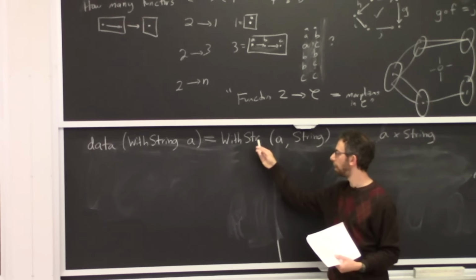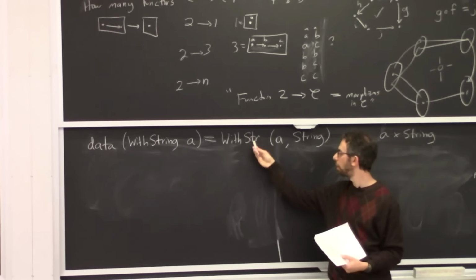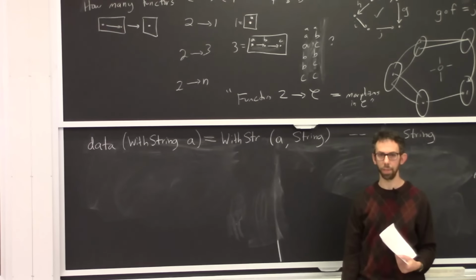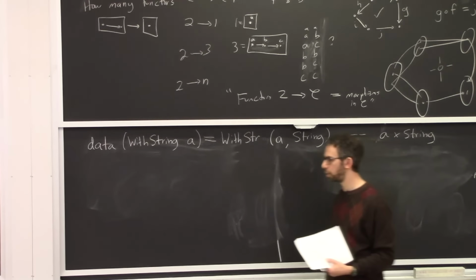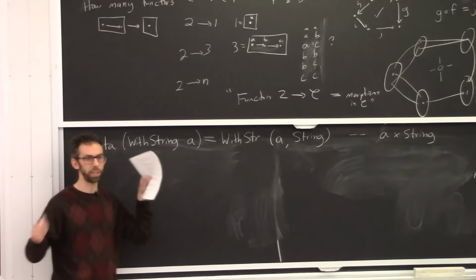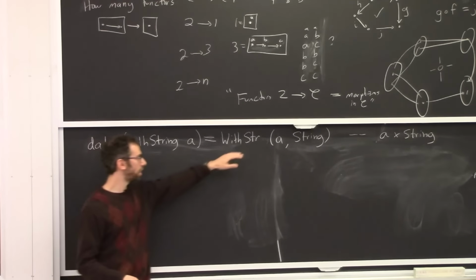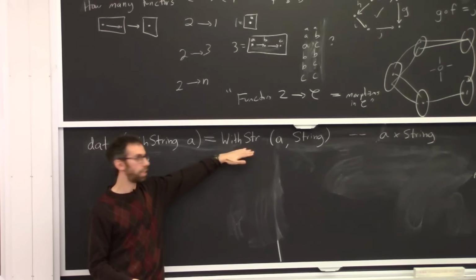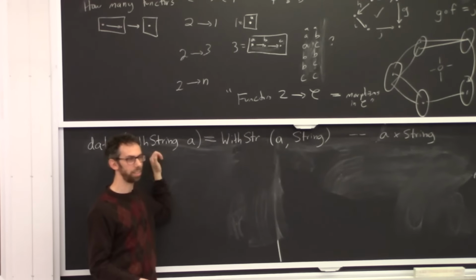And I'm allowed to use the same word here. Like I could write something different here, but maybe it's confusing to see it on both sides. Later, you'll see if you actually program in Haskell, it's more confusing to use a different name because you're always remembering 2 things. So it's actually less confusing eventually, from my point of view and from most Haskell programmers' point of view, to use the same data constructor as the name of your type constructor.